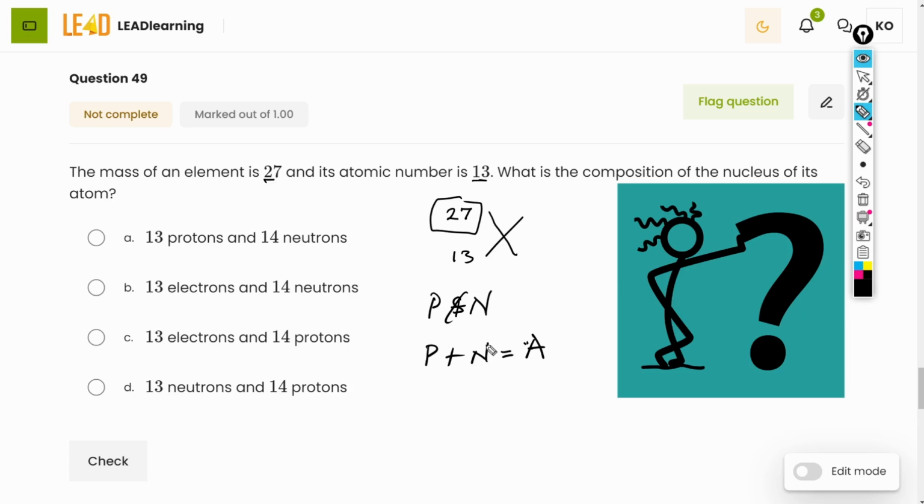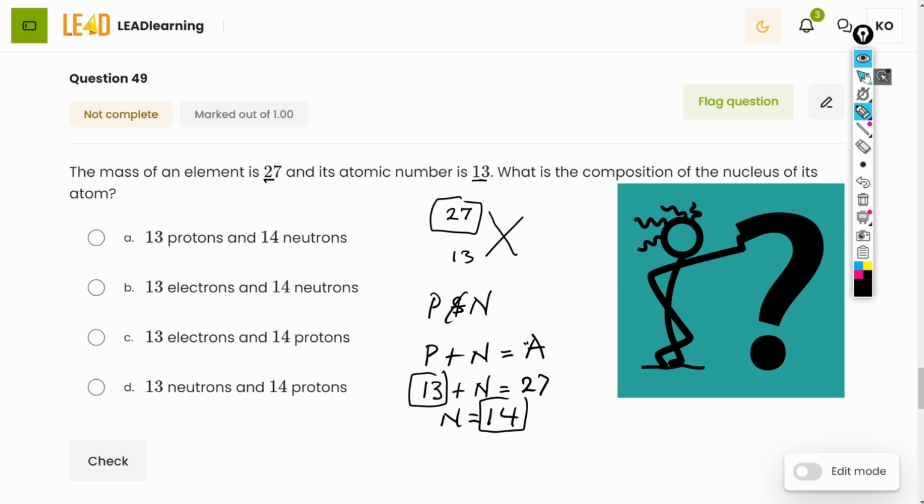So what that tells us here is that we know that 13 is the proton number, so let's plug in 13 here, but we don't know the neutron number yet. The atomic mass is 27, so 27 minus 13 tells us that there are 14 neutrons. That means the composition here would be 13 protons and 14 neutrons.